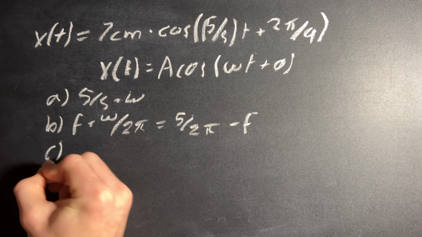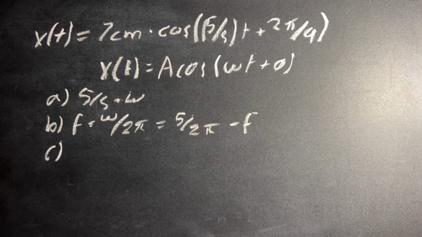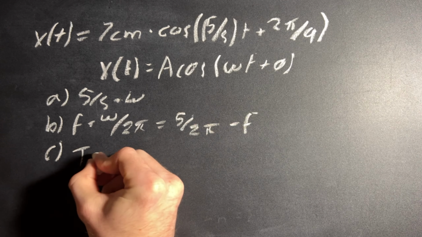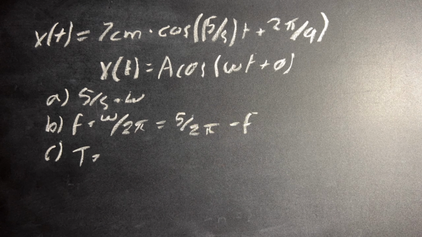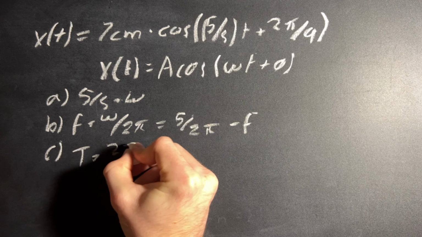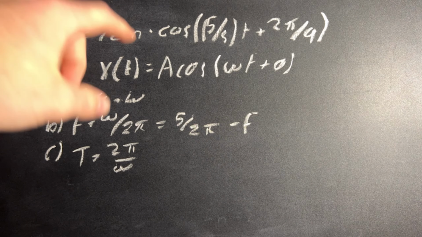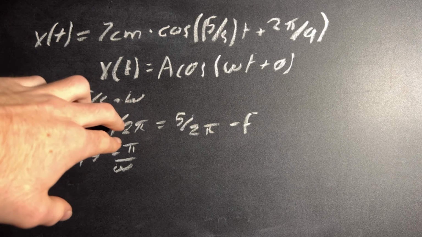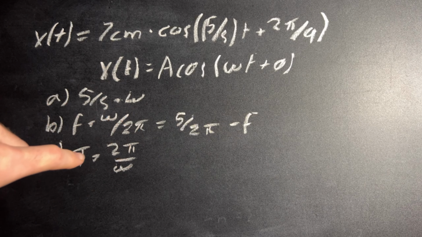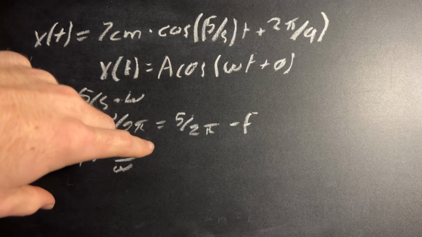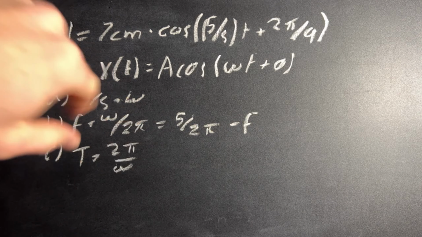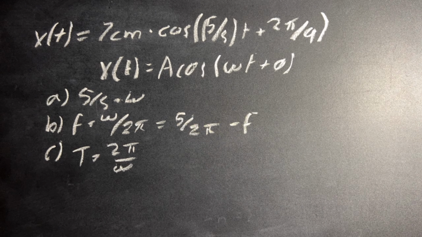Now for C, we're going to find the period. The period is opposite from frequency. The period is denoted by T, and that is going to be 2 pi over angular frequency. The reason that we're multiplying and dividing by this number 2 pi is because 2 pi is the amount of radians it takes to complete a full revolution.